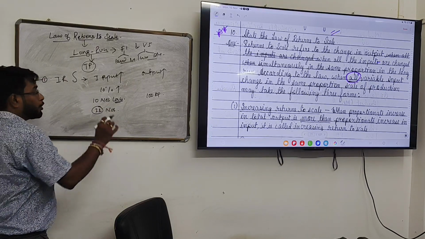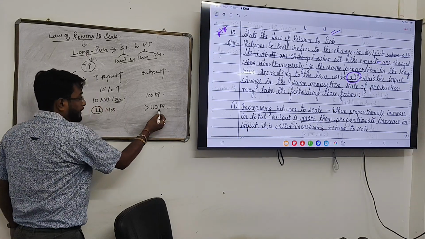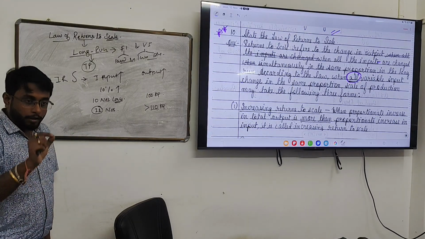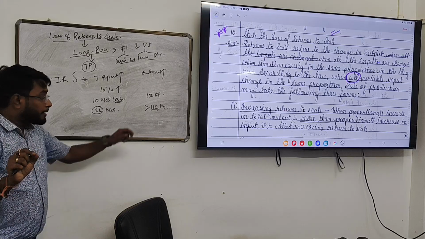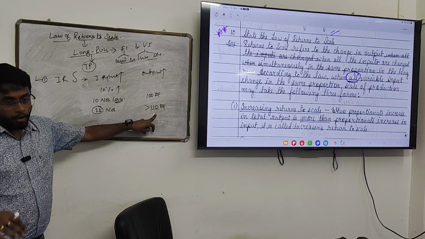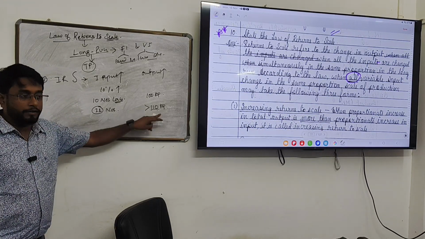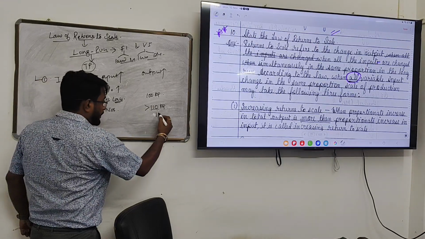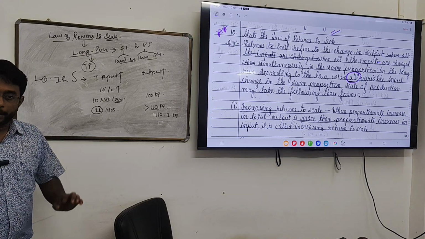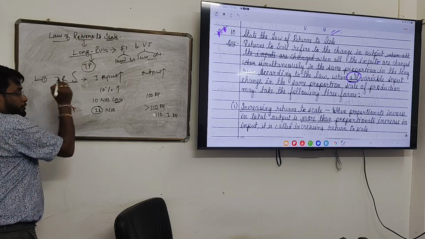Now the production will definitely be more than 110 kg. Why is it 110 kg? Because 10% of 100 is 10, so 100 plus 10 is 110, but the total production must be more than 110. Any value, 111 or 120 or 130, whatever, but it will be more than 110 kg, it may be 110.1 kg. But it will be more than 110 kg, and that is called increasing returns to scale.